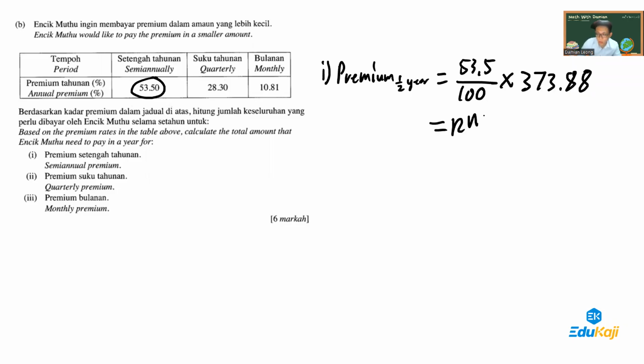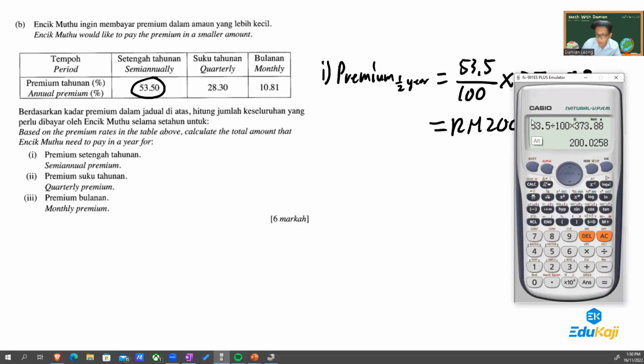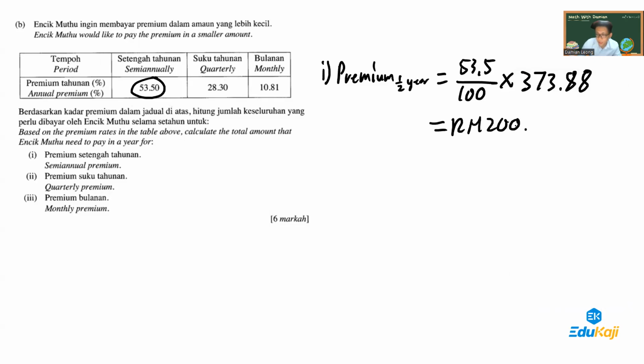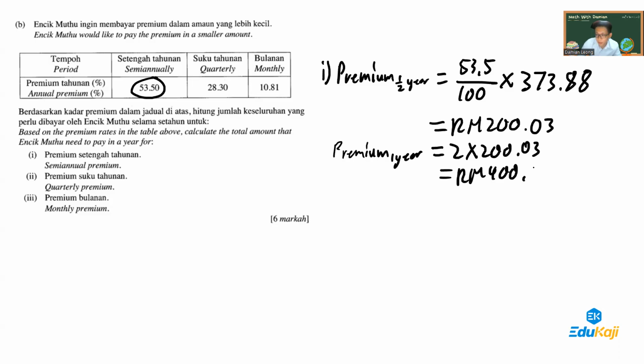So it's 200 ringgit and 0.25, so 3 cents. Means premium in 1 year will be 2 times of that. So it's 400 ringgit and 6 cents.